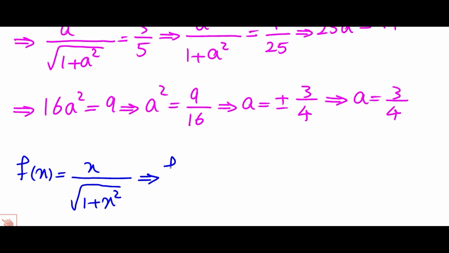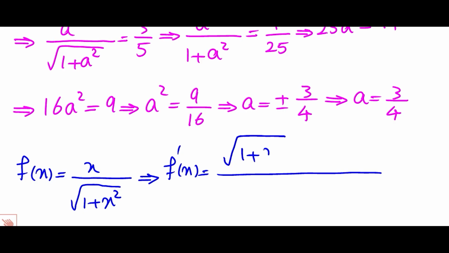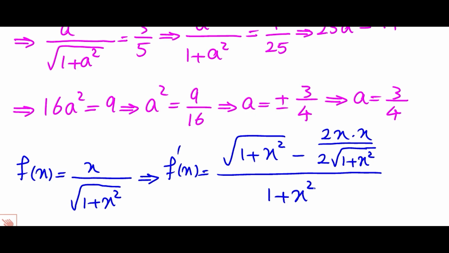So f prime of x, now we can use the quotient rule, meaning the derivative of the top is 1 times the square root of 1 plus x squared, minus the derivative of the square root of 1 plus x squared, which is 2x over 2 times the square root of 1 plus x squared, times x, over the bottom, meaning 1 plus x squared.